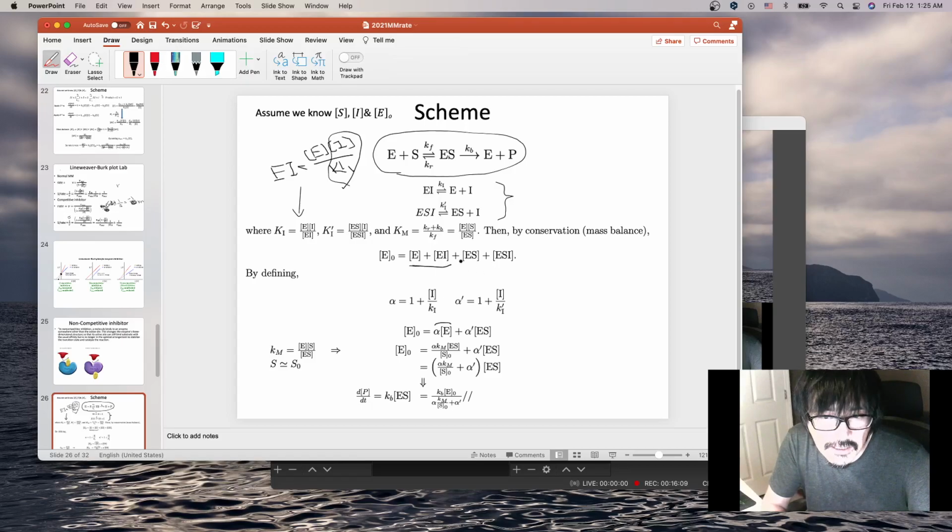And similarly, these things are represented by that one right here. 1 times ES is that one, and I divided by K1 dash, you get it from here, you get this one right here. And then from that, Km is equal to E times S divided by ES.